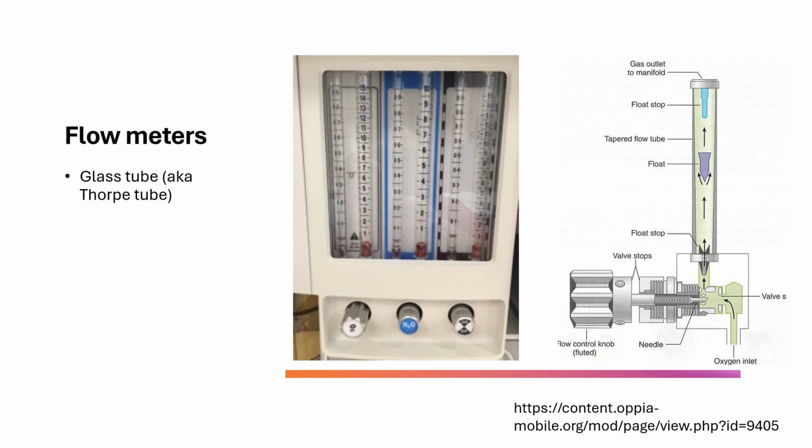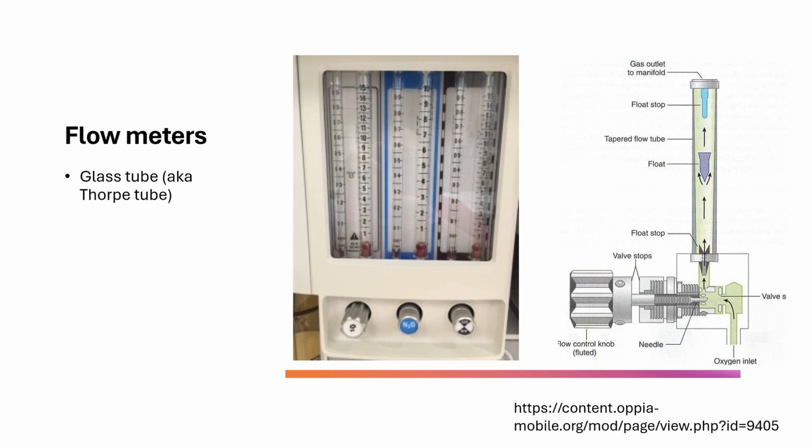The walls are much closer to the bobbin near the bottom of the glass tube, whereas as the bobbin rises to the top, the walls are getting farther away, allowing for higher flows. The ball or bobbin stops rising or falling when the delta pressure above and below equals its weight.